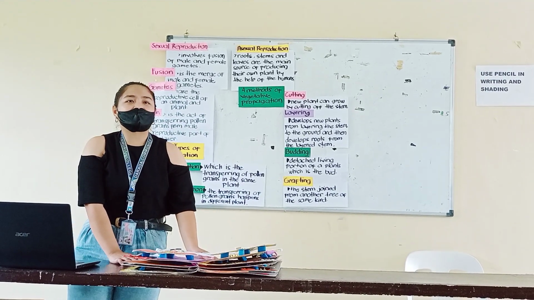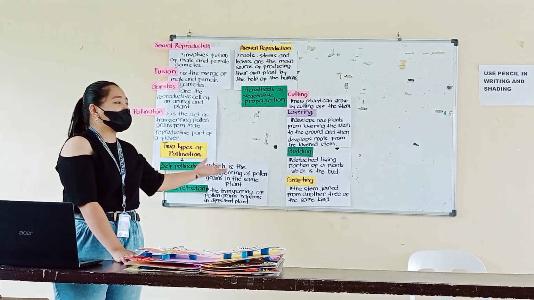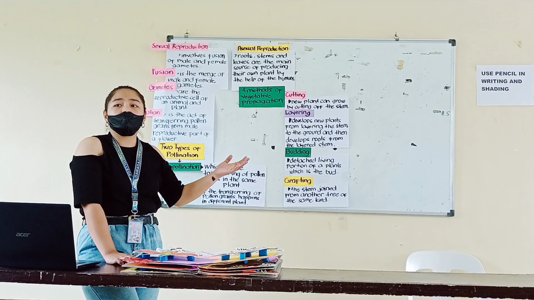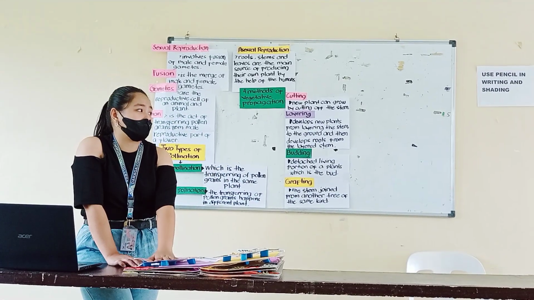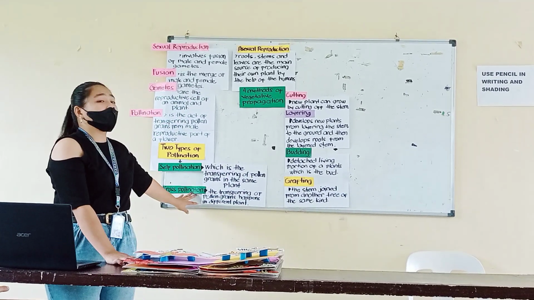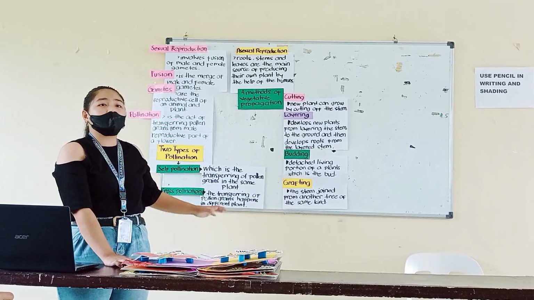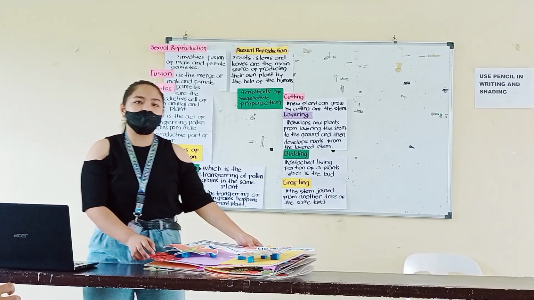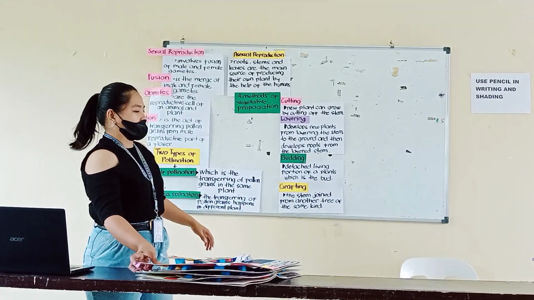Okay. So let's remember: self-pollination is the transferring of pollen grains on its own plant, in the same plant, while cross-pollination happens in a different plant, but of the same kind. Understood? Yes po.